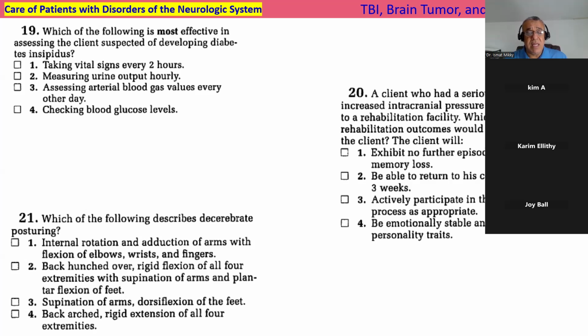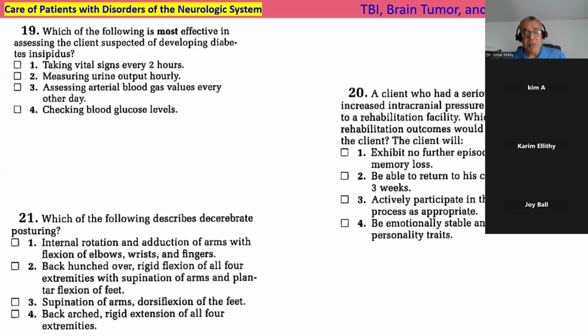Depending on the extent and level of injury, clients who are transferred to rehab facilities will most likely continue to exhibit cognitive and mobility impairment, as well as behavior and personality changes.